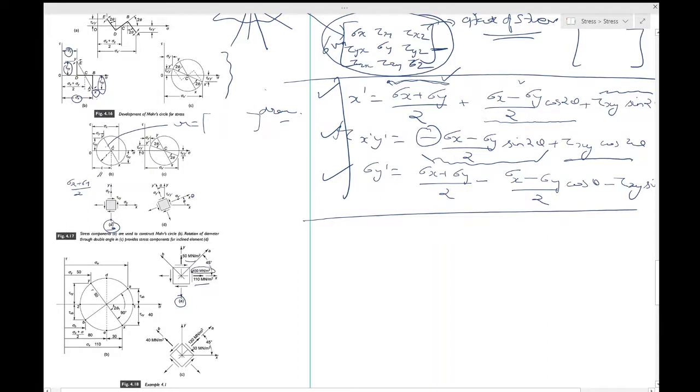These are given to us, and we must find sigma a, sigma b, and I think tau ab. You can see that this coordinate system has been rotated by 45 degrees. So that's the objective, and we'll use the same ideas which we have used before.